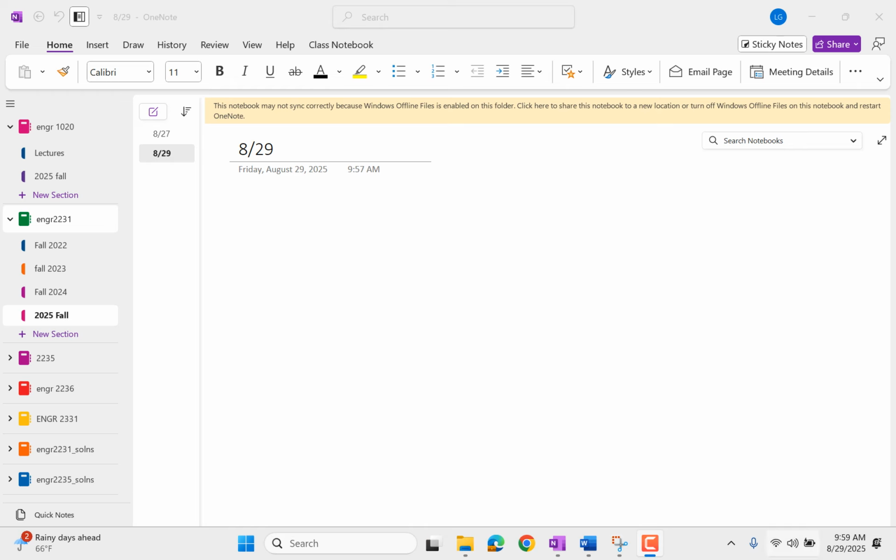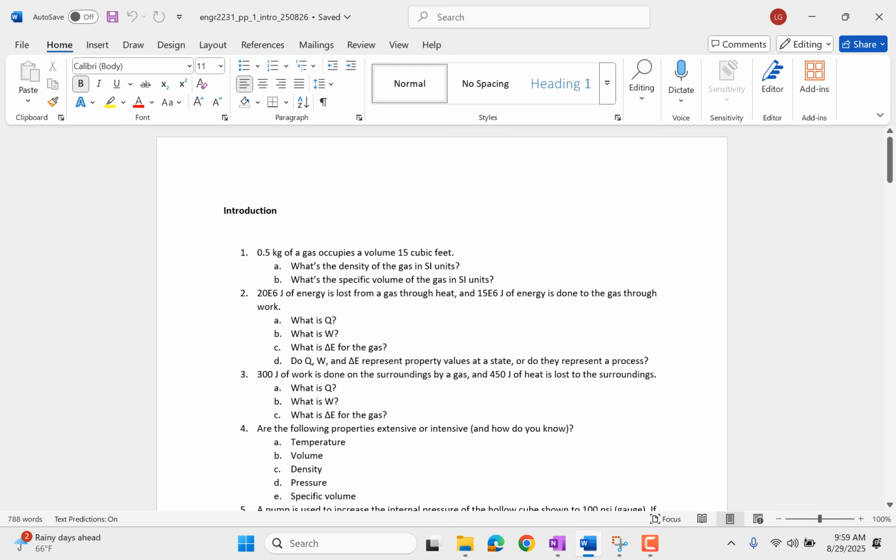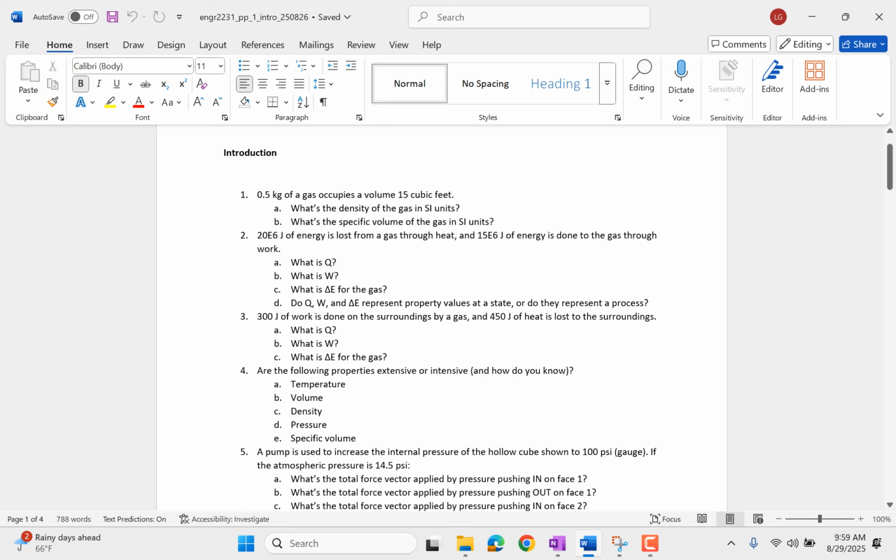Yep. Professor, for number two, when the problem says heat added versus work done, is there a distinction between being added to the system and work being done to the system? So if work is done on the system, then that's a negative W, right?